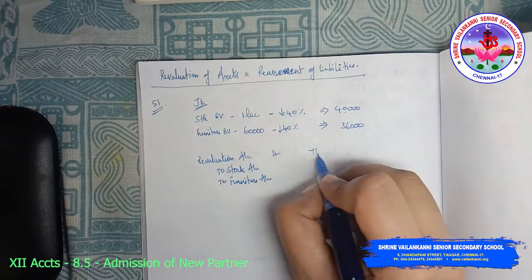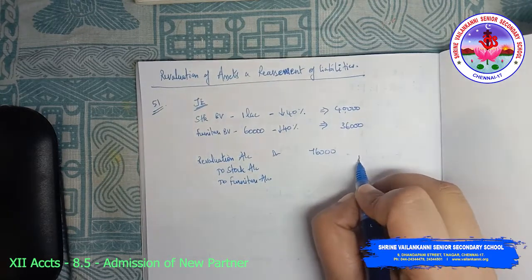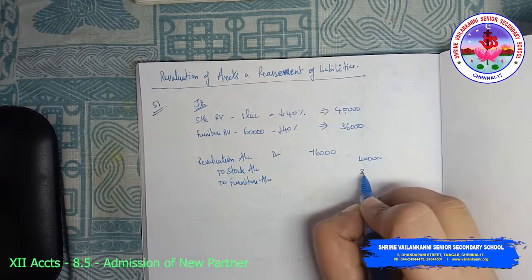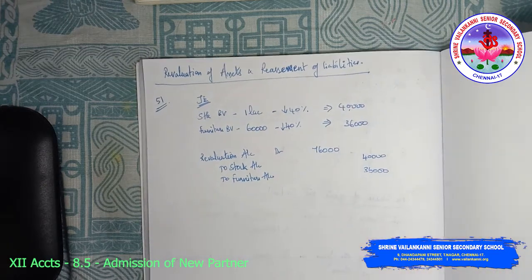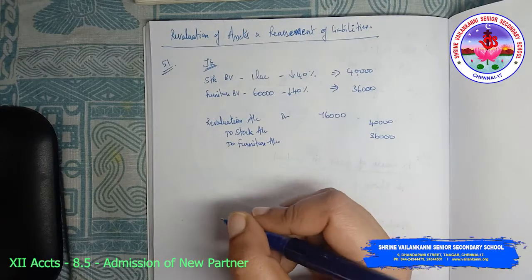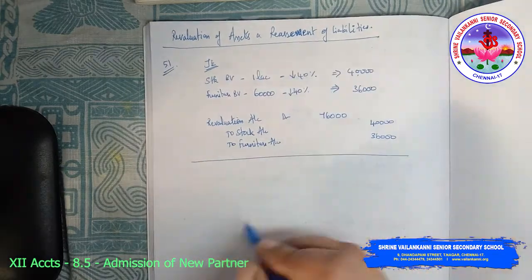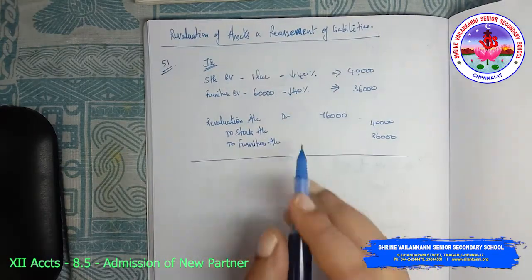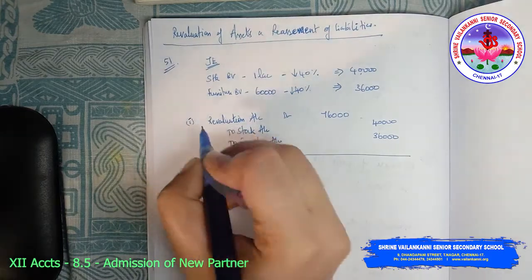Okay, so it's 76,000. This is 40,000 and 36,000. The narration would be, being value of assets decreased. So first journal entry is over.